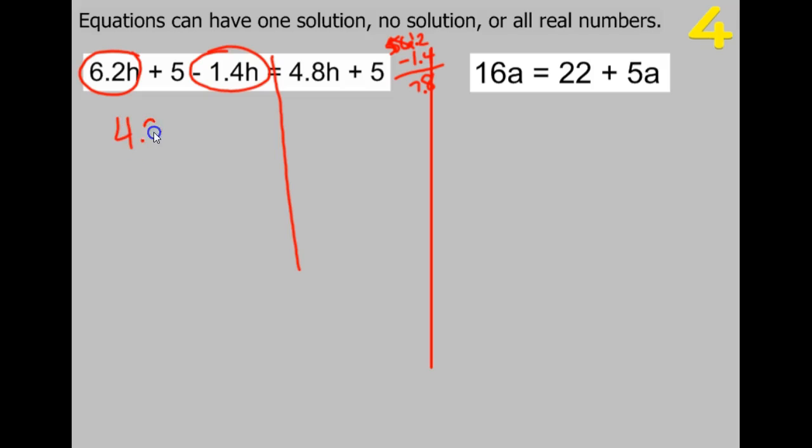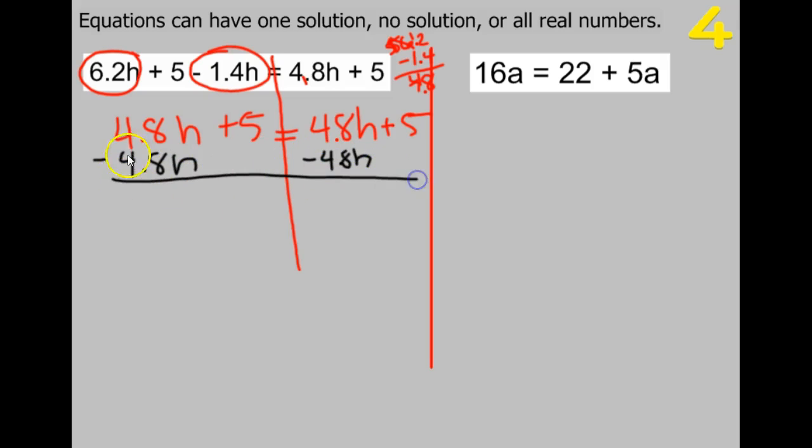You can use your calculator if you would like. 4.8h plus 5 equals 4.8h plus 5. So the 4.8h's are the same, so if I do the opposite of what I see, those eliminate, make 0, it's not h, it's gone. And we have 5 equals 5. Well, 5 is always going to equal 5. This is an all real numbers, or an identity.